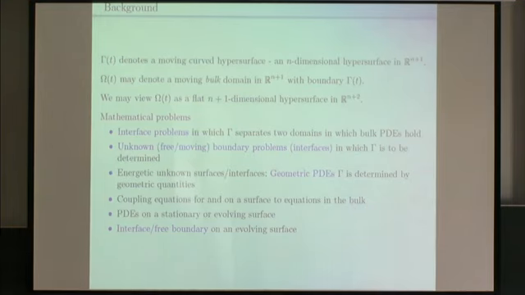Because the first variation of the area functional, which is just the energy when the energy density is 1, leads to the mean curvature. So when we're looking at energetic surfaces, we're led to geometric concepts, even if we're not describing the surface. So we're interested in coupling equations for and on a surface to equations in the bulk.